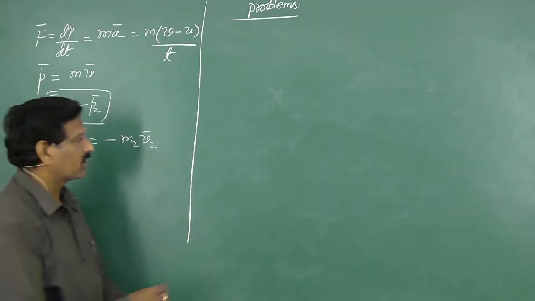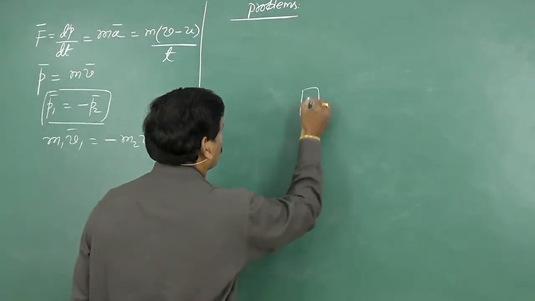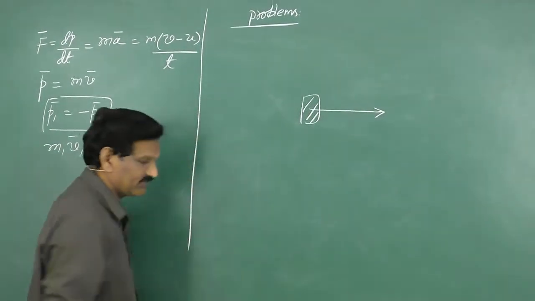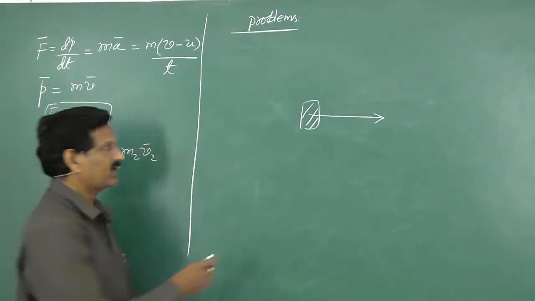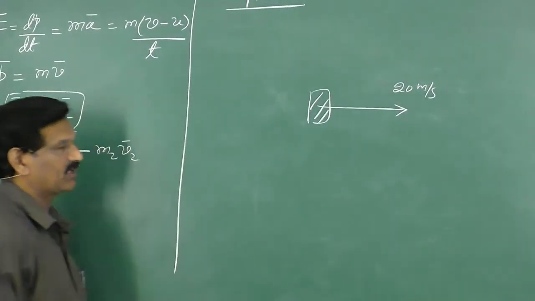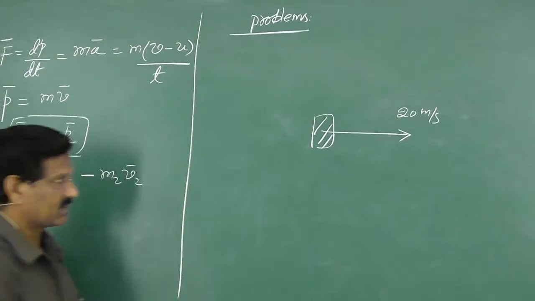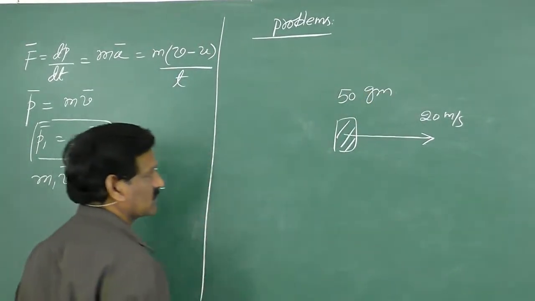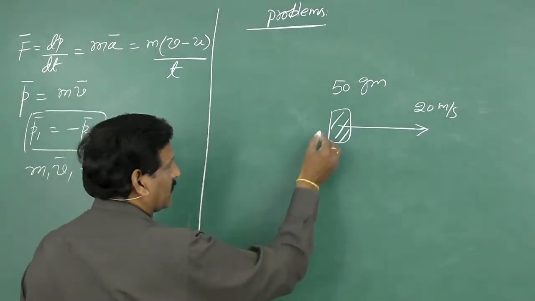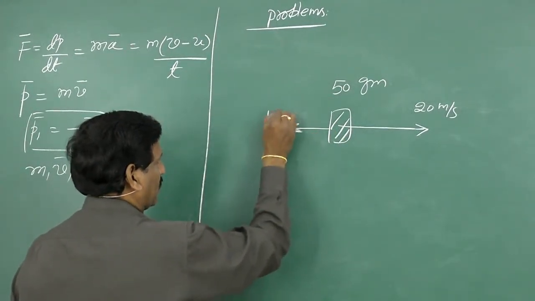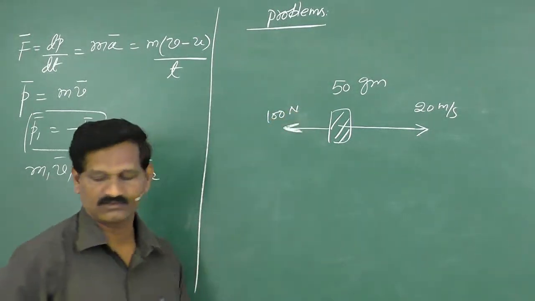So, this is the body which is moving with a velocity of 20 meter per second, and it has a mass of 50 gram, and a retarding force of 100 Newton is applied on the body.